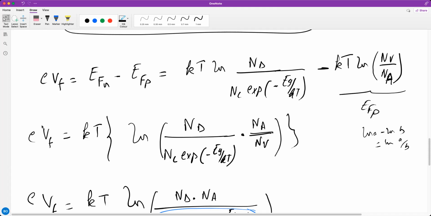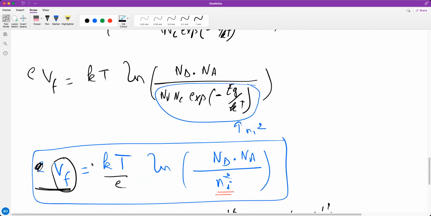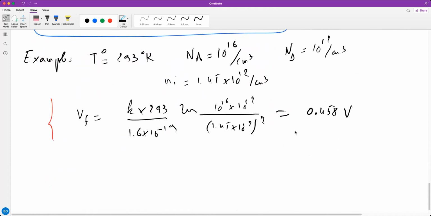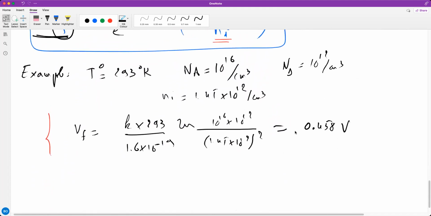The built-in potential, as I mentioned, is E_FN minus E_FP, and then we can easily see that the built-in potential is equal to kT, Boltzmann constant times temperature, divided by the electric charge, times the logarithm of the number of donors times the number of acceptors divided by the intrinsic carrier density squared, of course. So here we gave an example, and you can see, we can easily calculate the potential difference. This is the built-in potential when you put a P and N junction with these acceptor and donor levels.